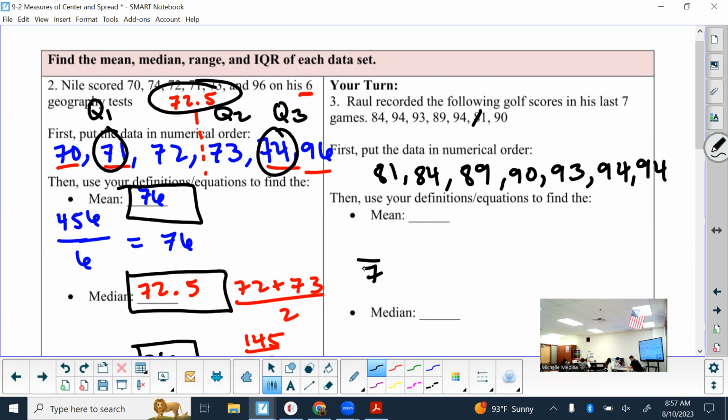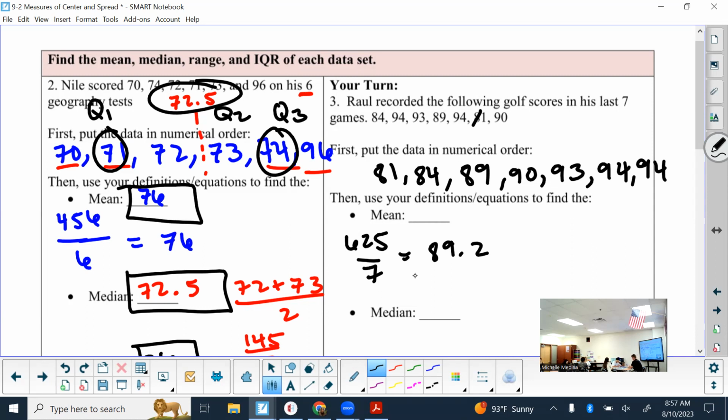So there are 7 data points. 625 was the sum. I don't know for sure, but probably will be right. Can I check? And then when I divide those out, what's going to be my mean, Parker? 89.2. Class, agree, disagree?